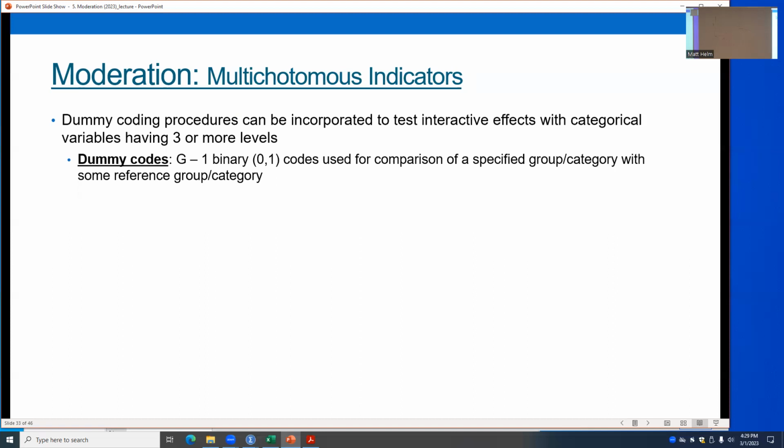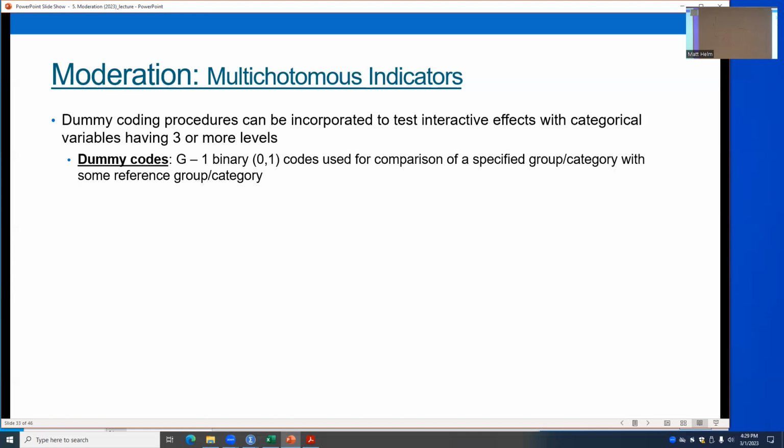Last thing we're going to finish up with today, to get everybody solidified in terms of going on to set 3: moderation with multicategorical indicators, okay? What we can do is start using dummy codes to look at the interactive effects of categorical variables having 3 or more levels.